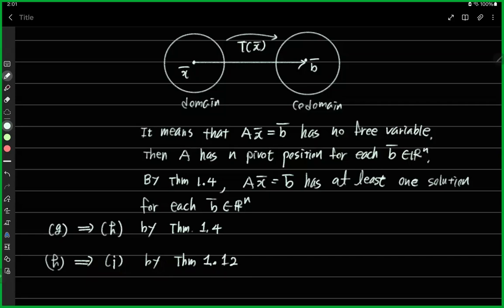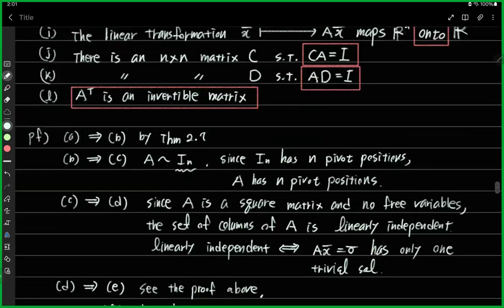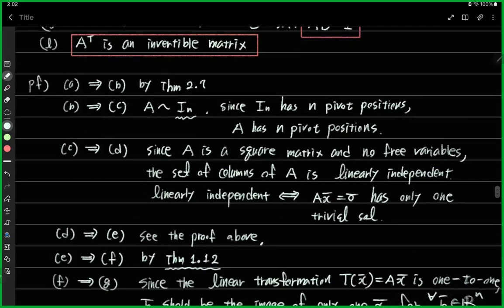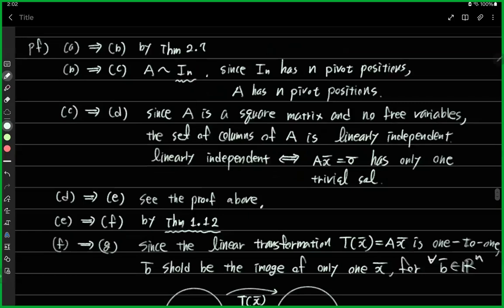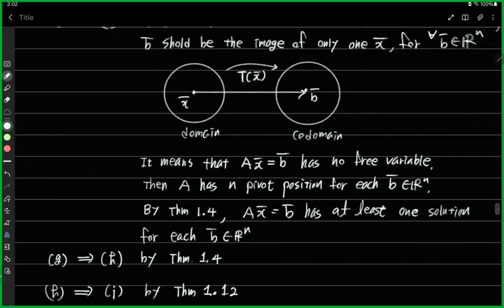So G, H, and I are from theorem 1.4 and theorem 1.12. Now next, I and J. If I is true, then J is also true. What are I and J?